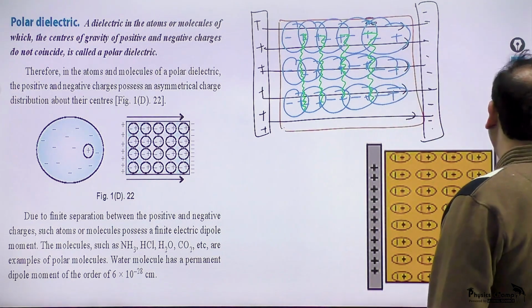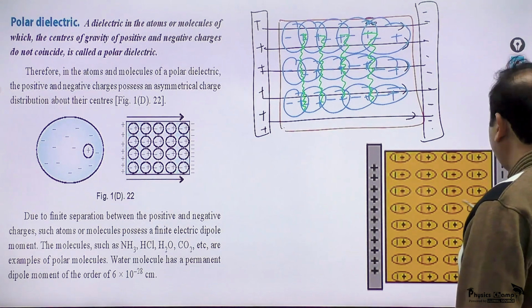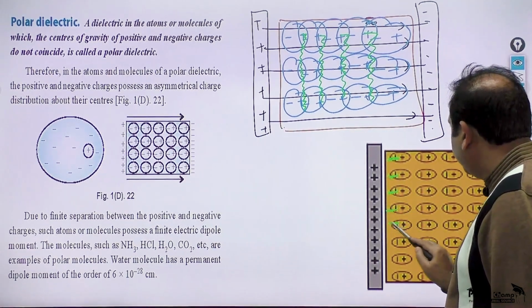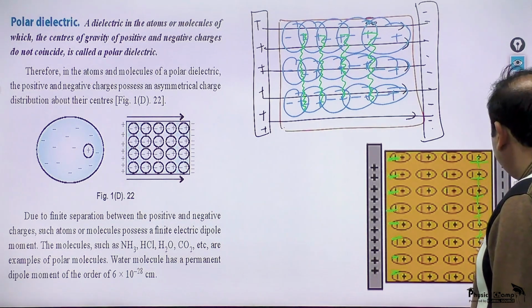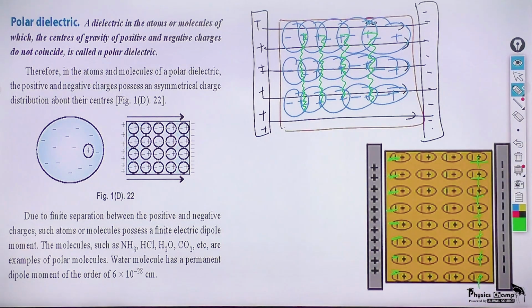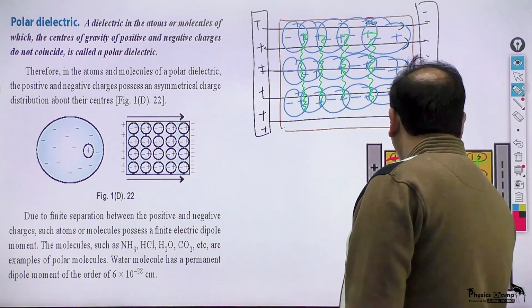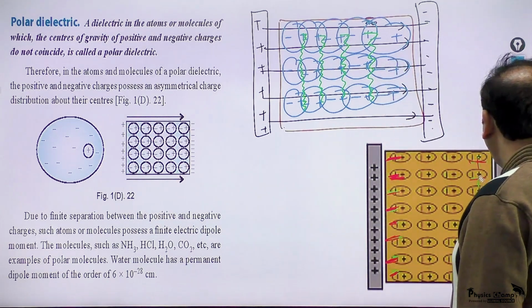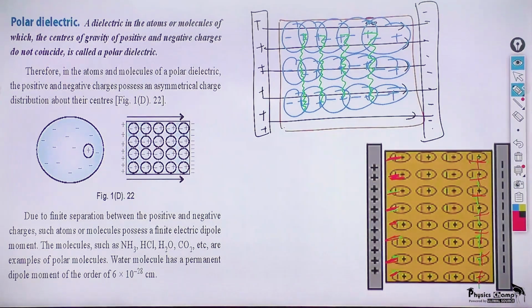And as a result, what we are getting is, so I'll show in a different color so that it is visible, we get a net negative here and we get a net positive here. All internal, they get neutralized. Now there are two electric fields.